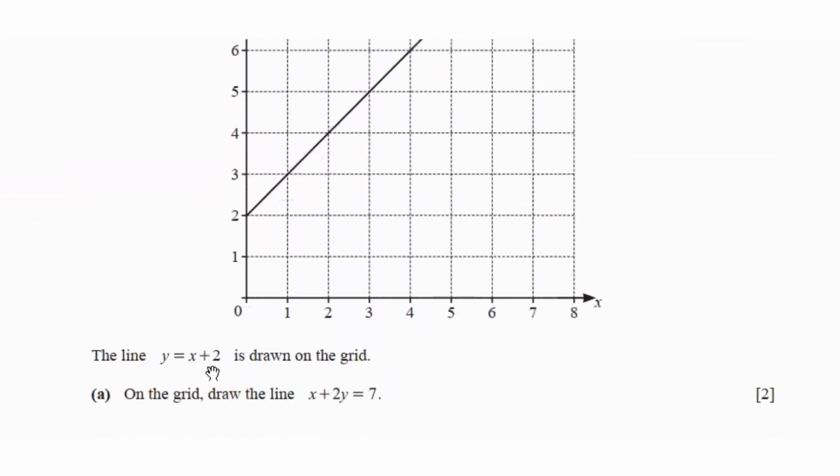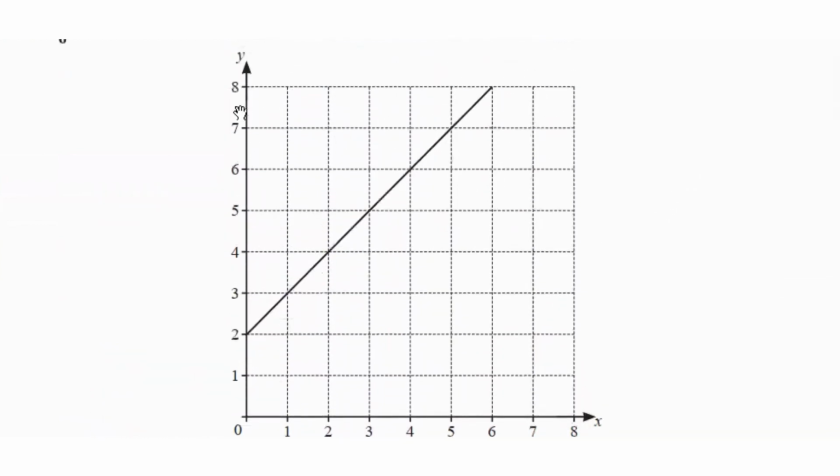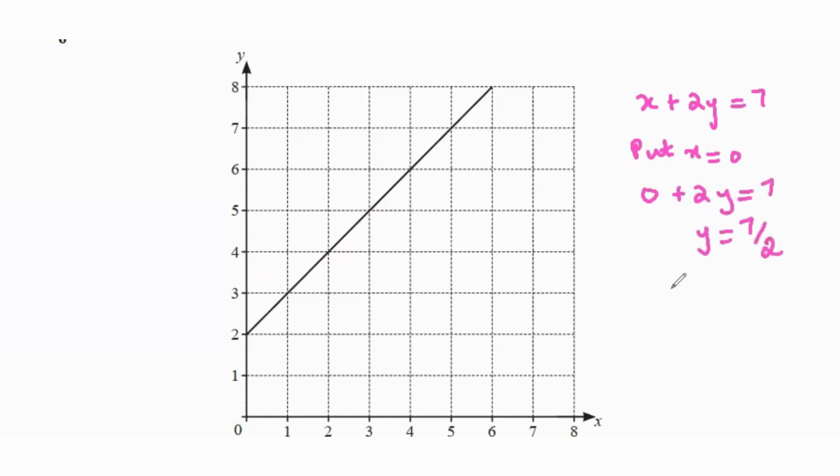Question 6 says the line y equals x plus 2 is drawn on the grid. On the grid, draw the line of x plus 2y equals 7. So if I put x equals 0, that will give us the y-intercept, which is 7 over 2. And if I put y equals 0, that gives me the x-intercept, which is 7.